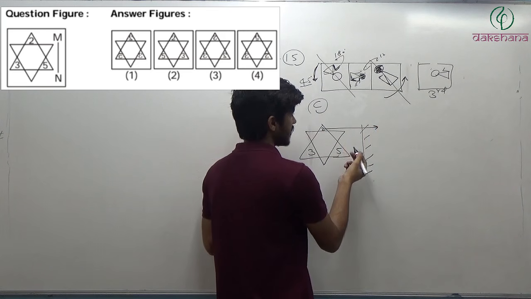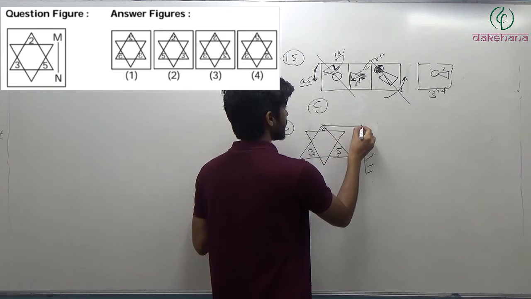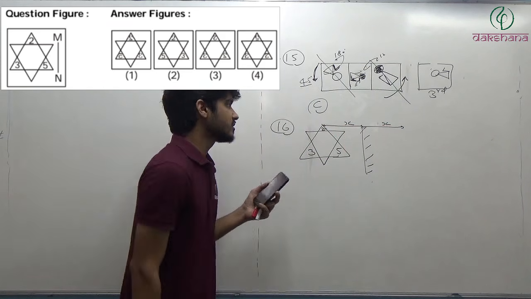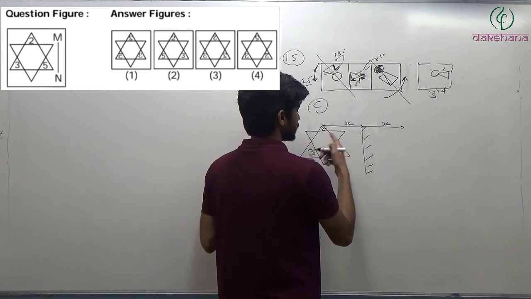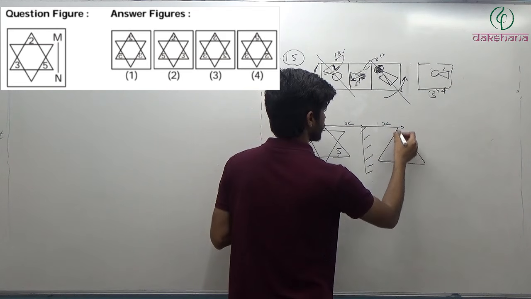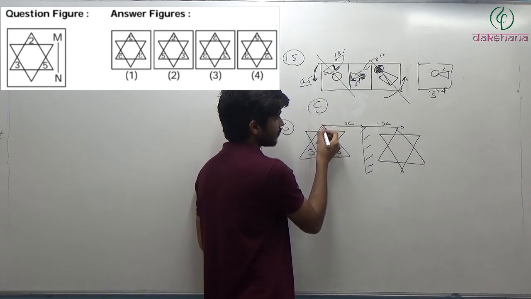That's the only thing you need to follow. If this tip is at a distance x, the image would be at a distance x. The shape is not going to change. If you put it this way, it would be this way itself.